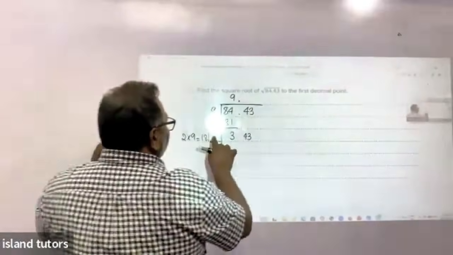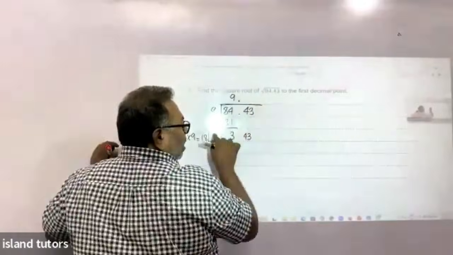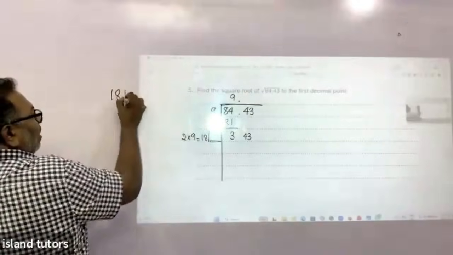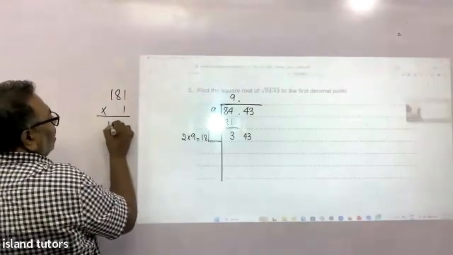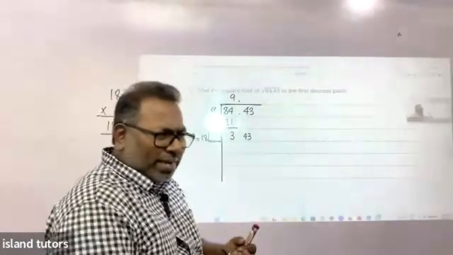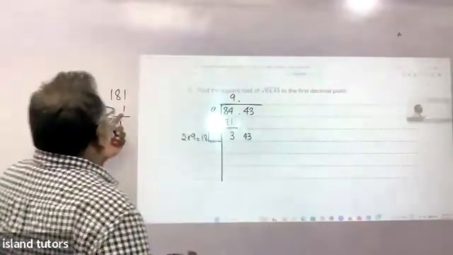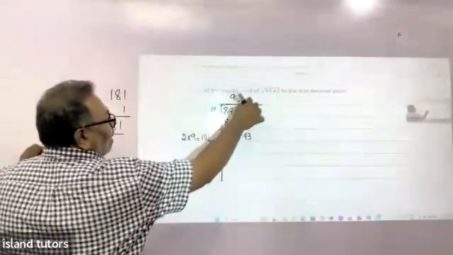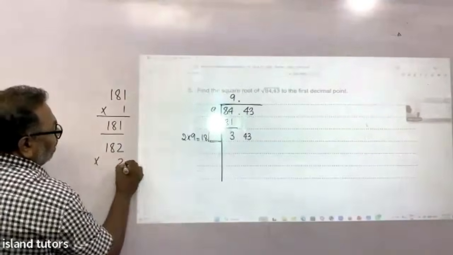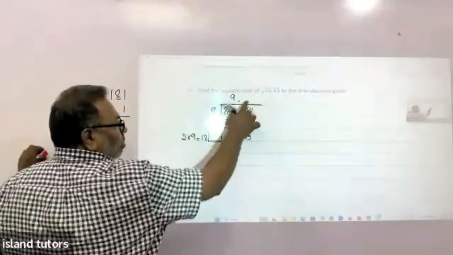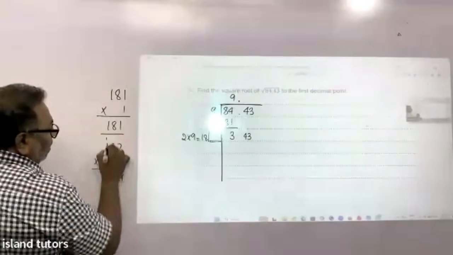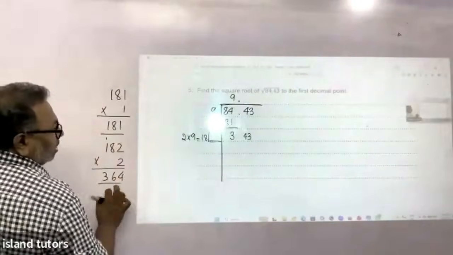If I put 1 here, I have to put 1 here. So 181 multiplied by 1 is 181, less than 343. But I want to get closest to that. So let's try: if I put 2 here, I have to put 2 here. So 182 multiplied by 2 is 364.